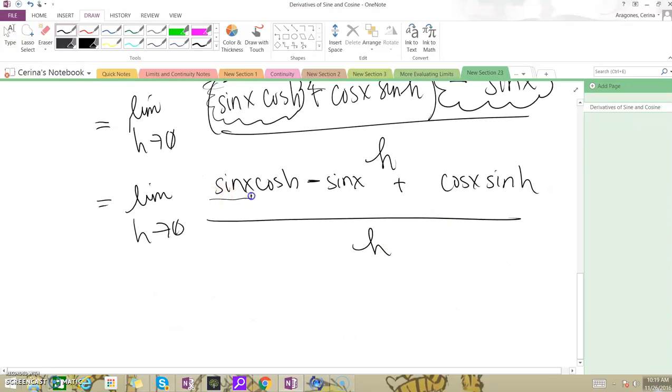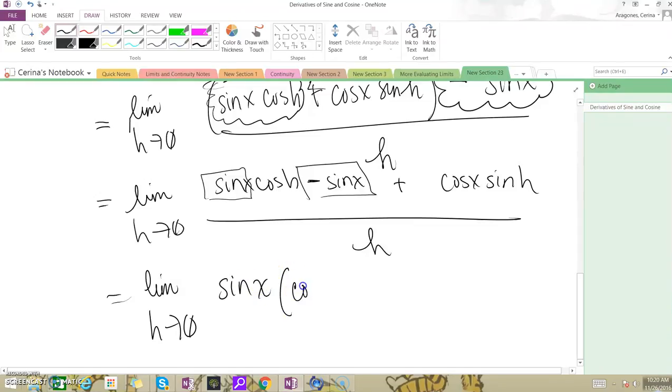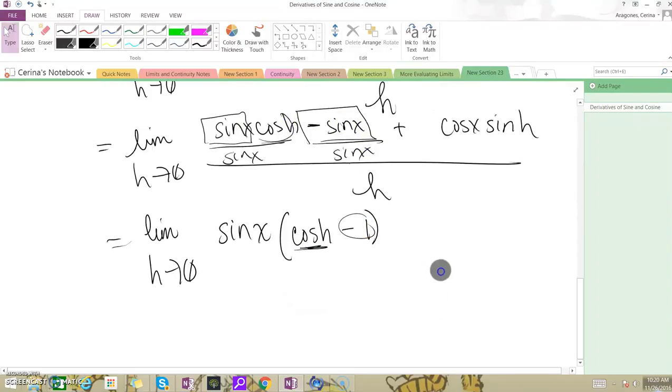So these two both have sine of x, so I can factor that out. So I'm left with the limit as h approaches 0 of sine of x. Factor that out, I'm left with cosine h minus 1. Again, factoring is like dividing. So it's like I divided this by sine of x, and I divided this by sine of x. So then I'm left with cosine h. This is just minus 1. Okay?